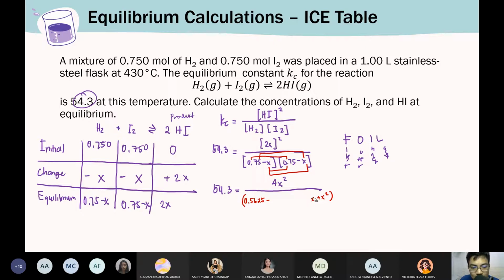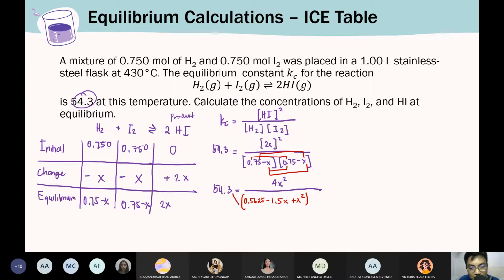So negative 1.5x plus x square. Okay, saan galing to? FOIL method lang yan. FOIL lang. Pasensya na, maraming algebra. Kakayanin natin yan.